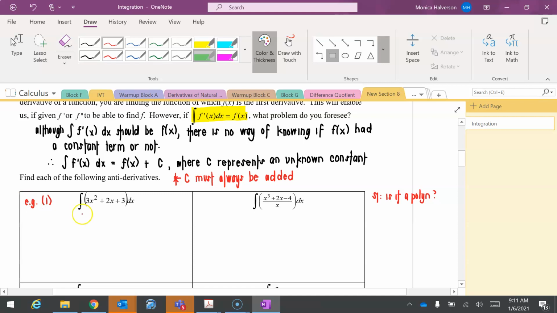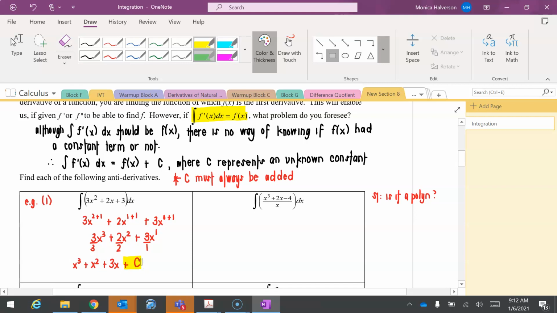So for each power, we're going to add 1, and we get 3x to the third plus 2x squared plus 3x to the first. And then you're going to divide every coefficient by the new power. And your antiderivative is going to equal x to the third plus x squared plus 3x plus c. And you need to include that c.